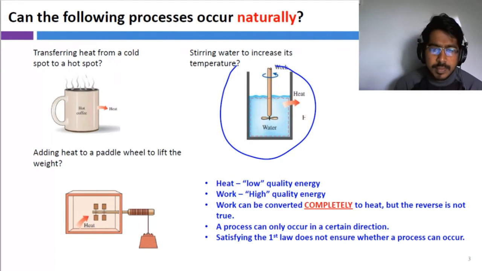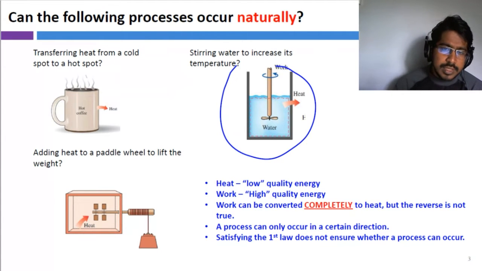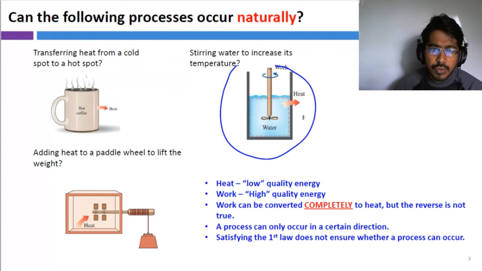Now we stop the process and let it come to the original conditions, and then we supply the lost heat back. And do we observe this stirrer rotating? Is my question clear? Let me try again.